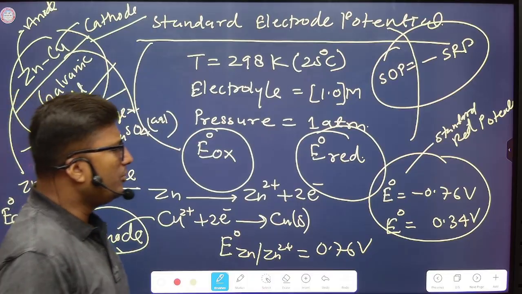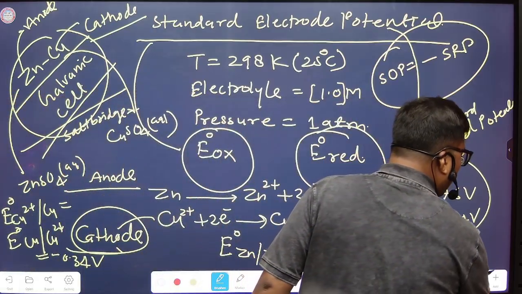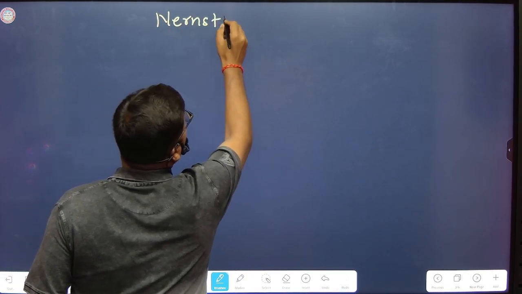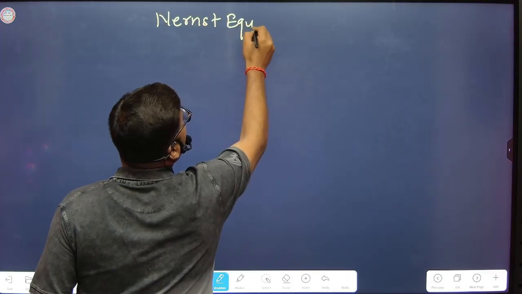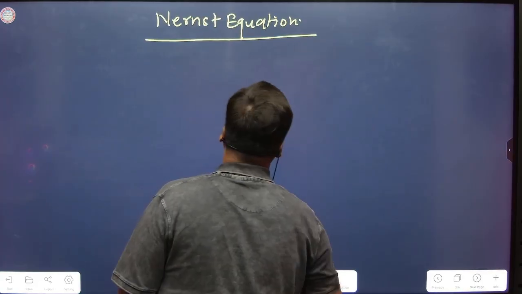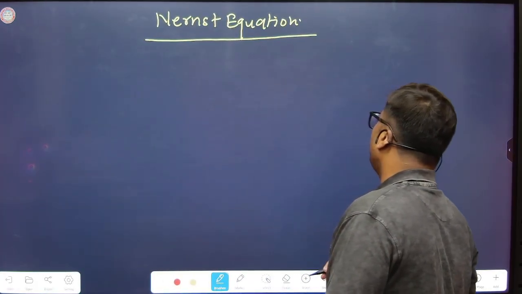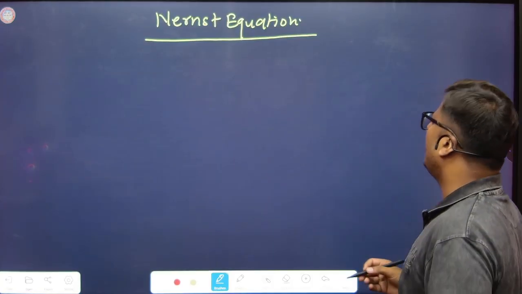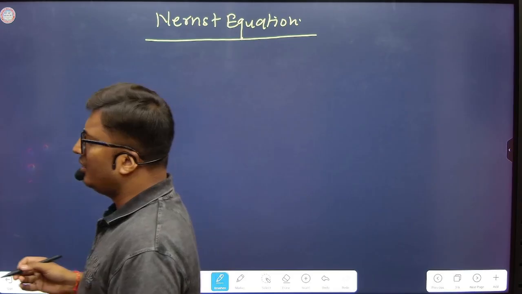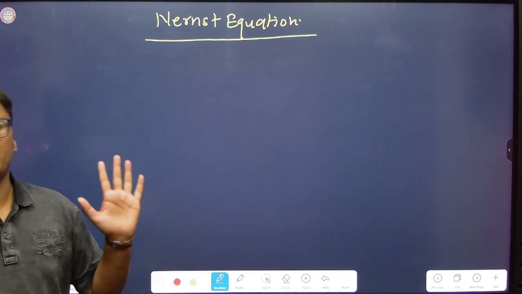Now we are reaching towards the Nernst equation. What is the Nernst equation? This is the most important mathematical equation used to determine the cell potential under non-standard conditions.